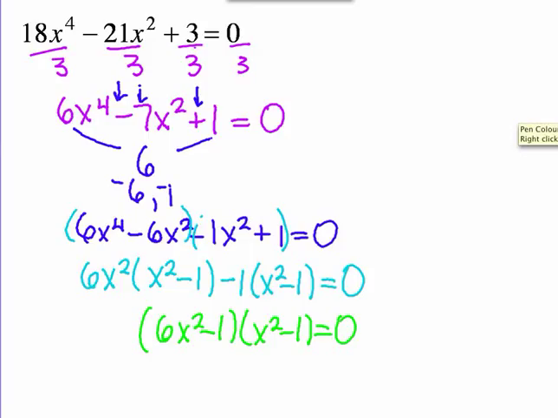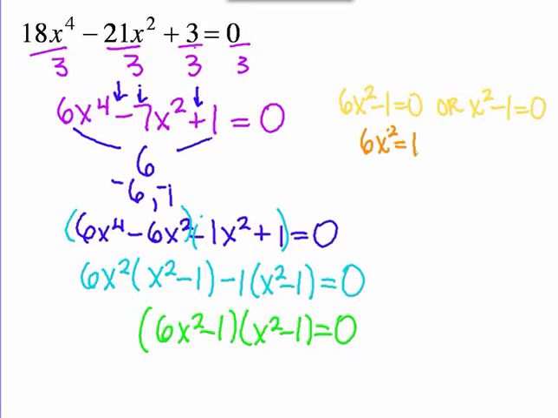And so first of all, my first equation, 6x squared minus 1 equals 0, or x squared minus 1 equals 0. So first of all, how do I solve 6x squared minus 1 equals 0? I add 1. So I end up having 6x squared equals 1, right?